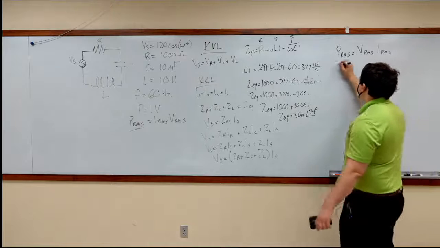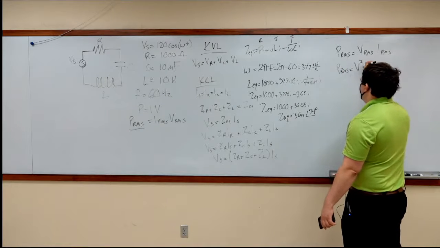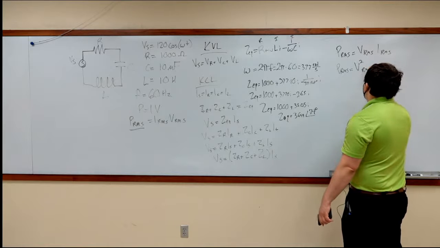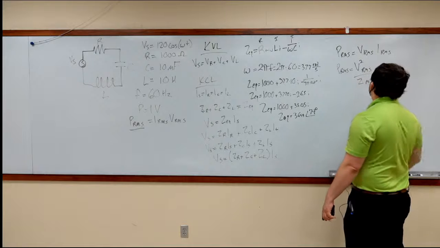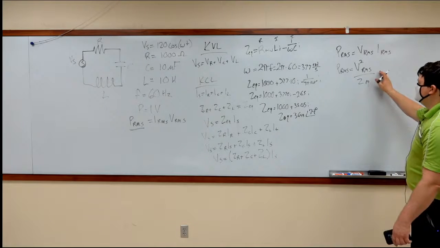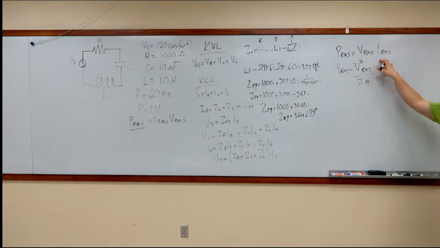So that means PRMS is equal to V squared RMS divided by Z equivalent. All I did here was plug in V over Z for I. That's it, and you get that equation. So it's PRMS equals VRMS squared divided by Z equivalent.